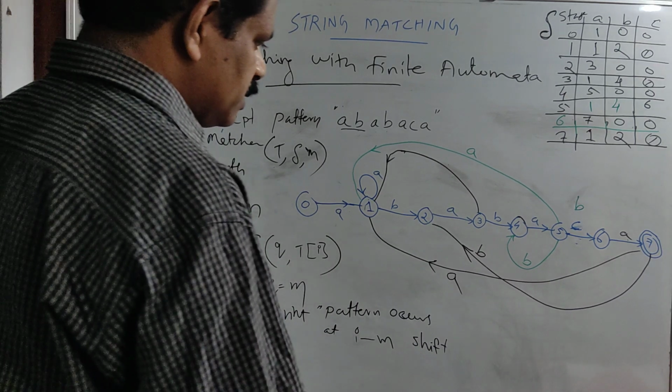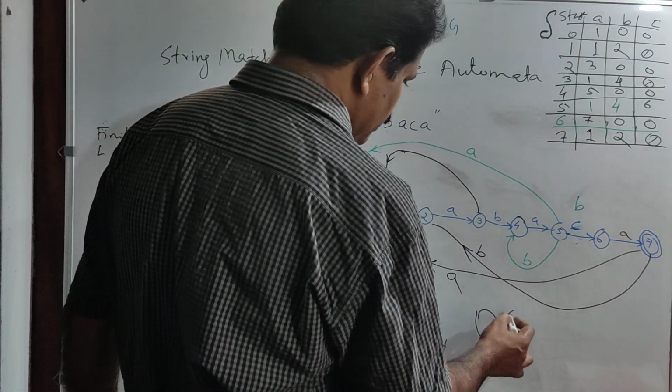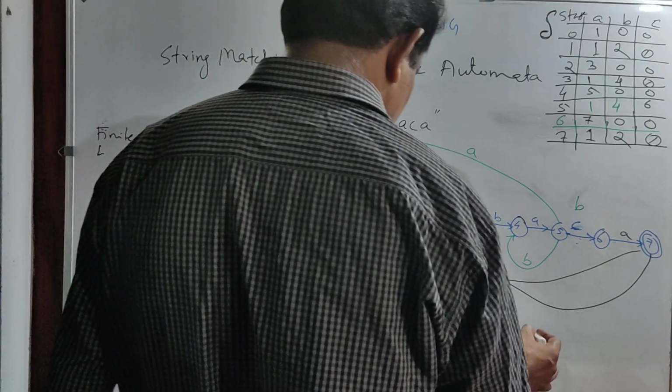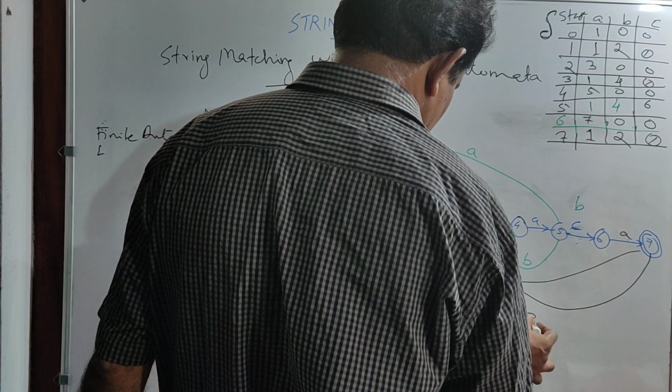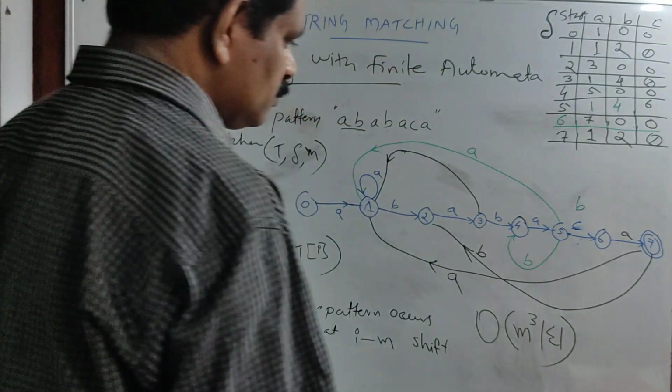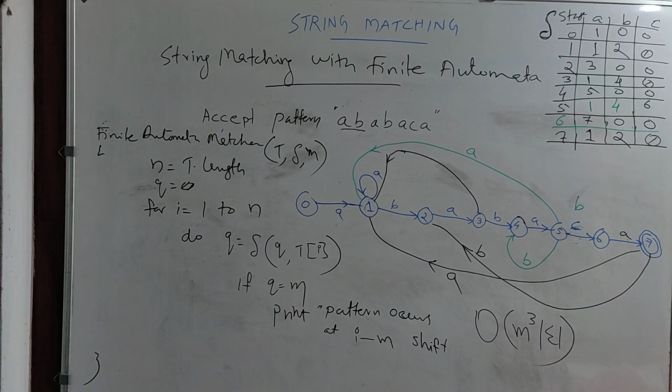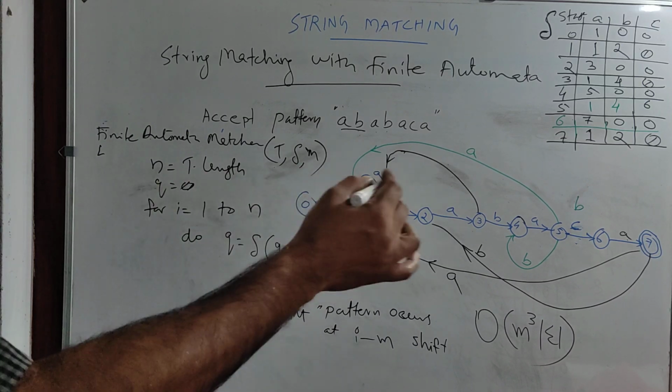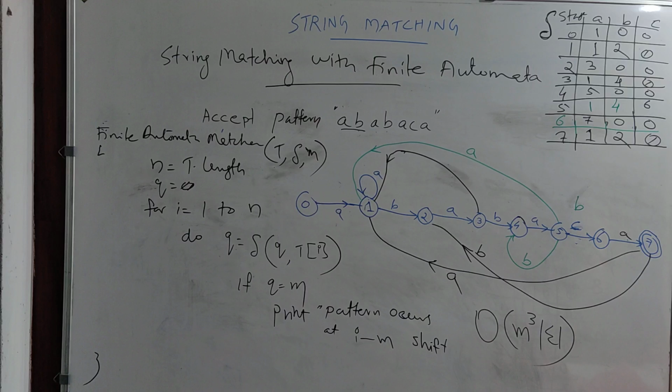The complexity will be big O of m q size of sigma. Sigma is the set of characters in the pattern.